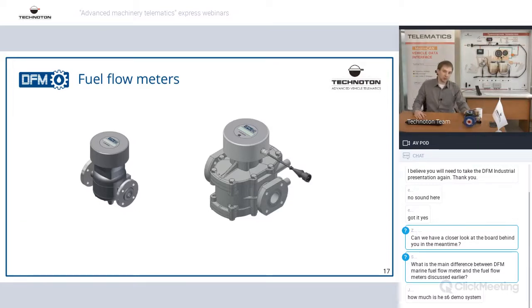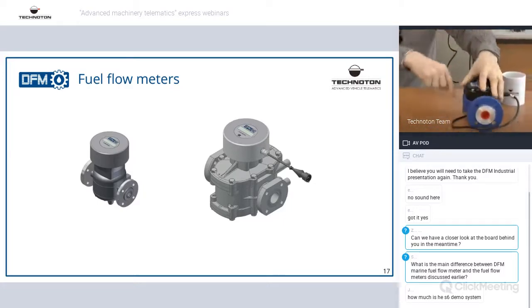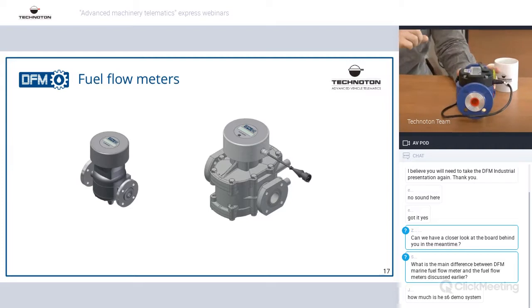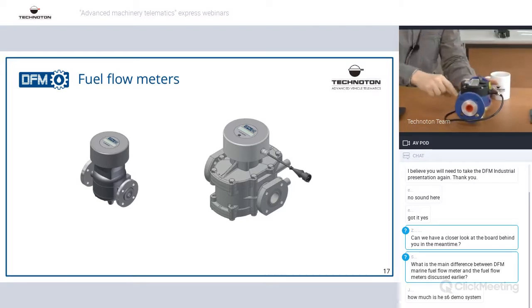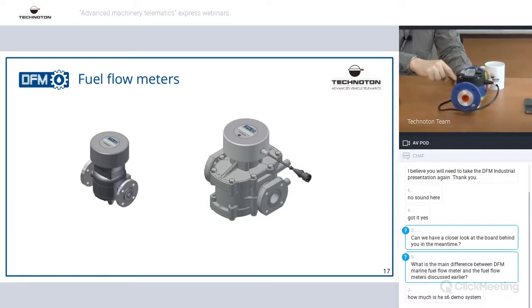The operation principle of these fuel flow meters is oscillating piston. So there is a chamber, this one, and there is a piston inside. It's turning. One turn is equal to one pulse.